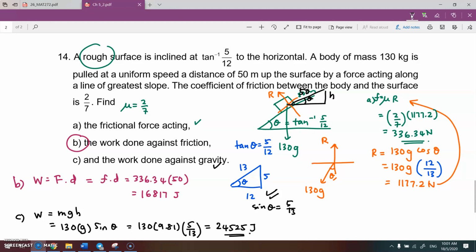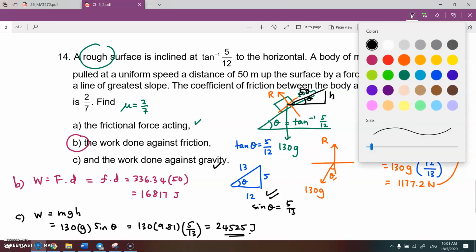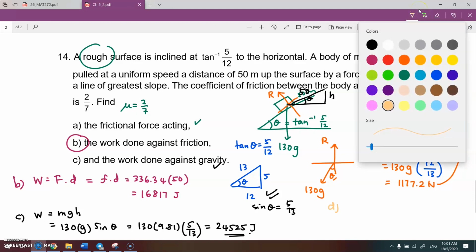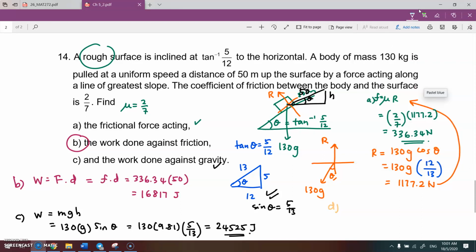If the question asks you, let's say question D, find the total work, how are you going to find it?